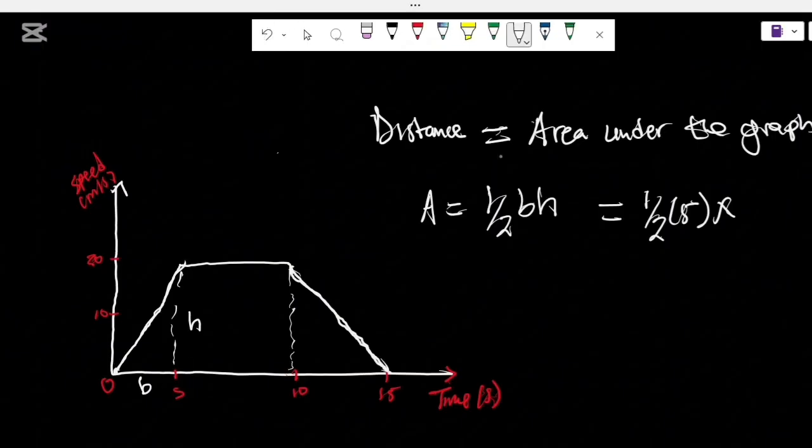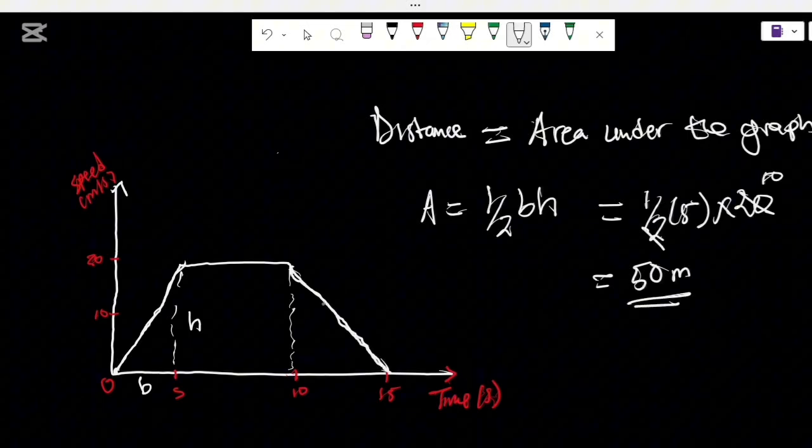So we have half times 5 times 20. 2 can go into 20 10 times, and 5 times 10 is 50. And so 50 meters is the distance traveled by an object during the first 5 seconds.